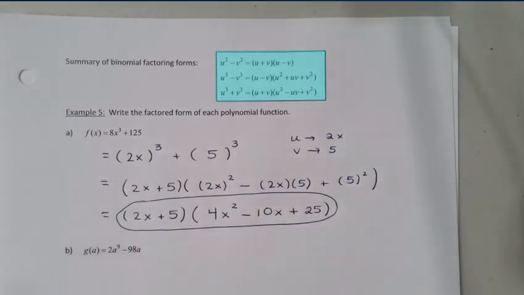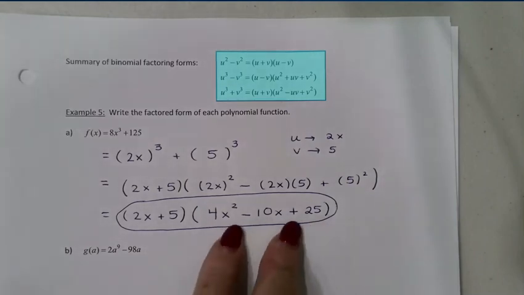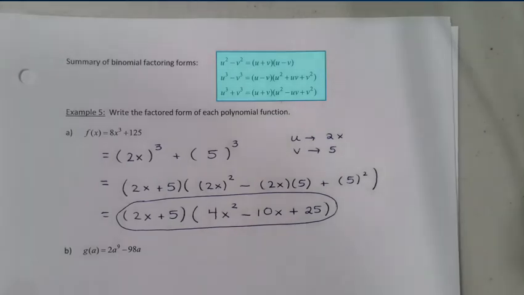That is now completely factored, and I'm going to give you a little shortcut. Yes, I know this is a trinomial, and maybe we should be thinking about sum and product, but I'm going to tell you that if you have correctly used the difference or sum of cubes formula, the trinomials that you get here will never be factorable. So guaranteed you won't be able to factor this any further, and we can just stop.